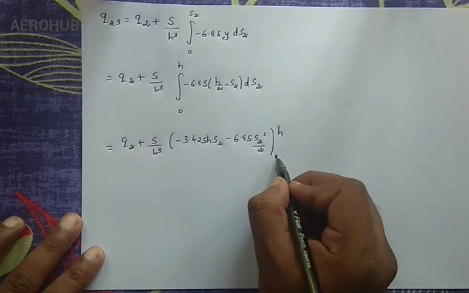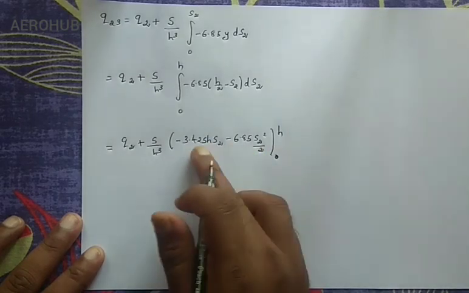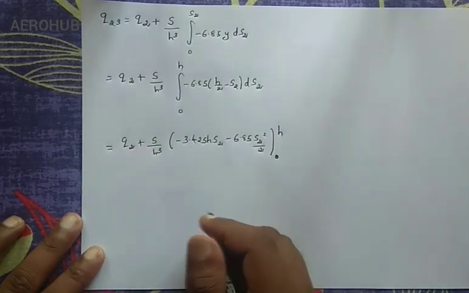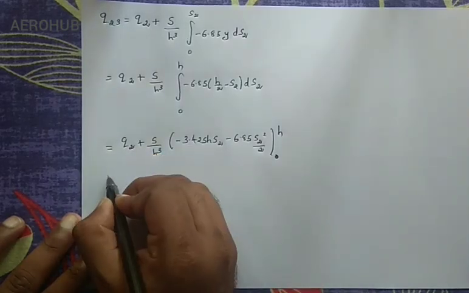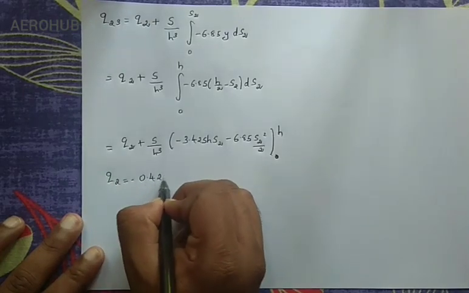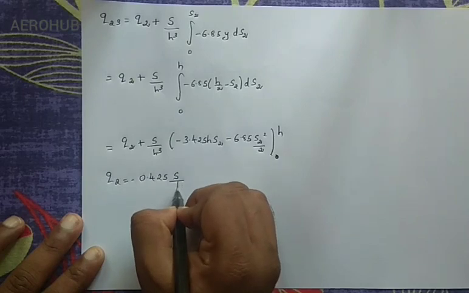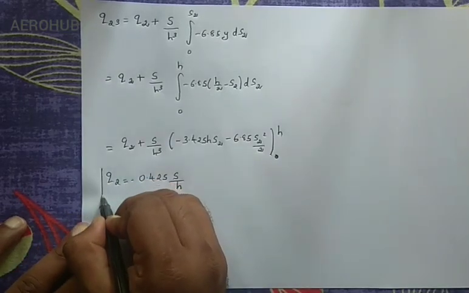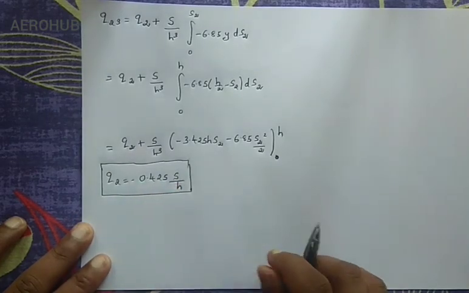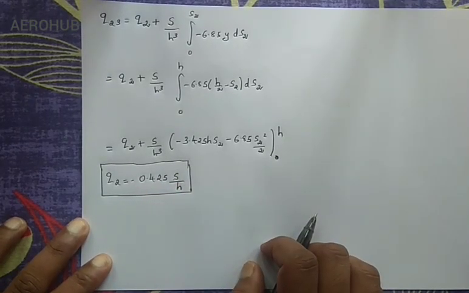So finally we get Q2 is equal to Q2. We found out the value of Q2 from the previous step, so Q2 will be minus 0.425 S by H. Same value we will be getting, because we found this value from the previous step. I know this is boring, but you have to cope up.